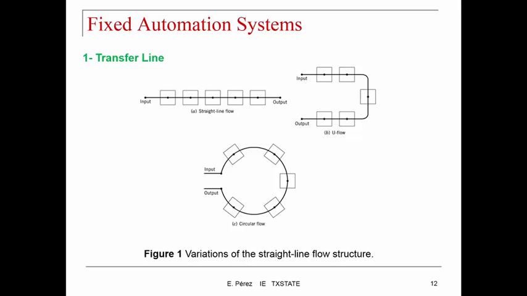So you can have a straight line flow, a U flow, or a circular flow, depending on maybe the size of the machines or the size of your product, or where your storage is located. So there's going to be a variation, but the idea is the same. You're going to have a group of machines that are arranged according to the sequence of the product.